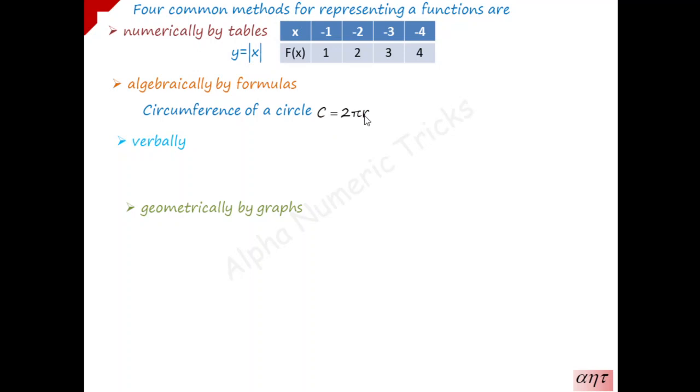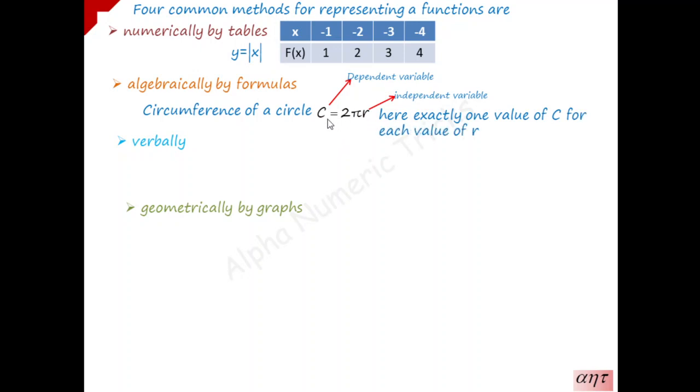C depends on the value of the radius. That's why C is called the dependent variable and r is called the independent variable. Also, there is exactly one value of C for each value of r. For each radius, we get one circumference, and for different radii we get different circumferences.